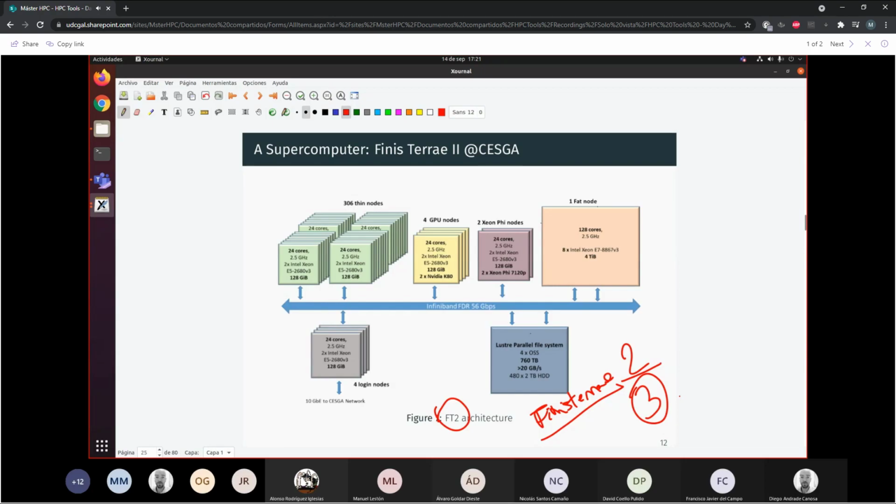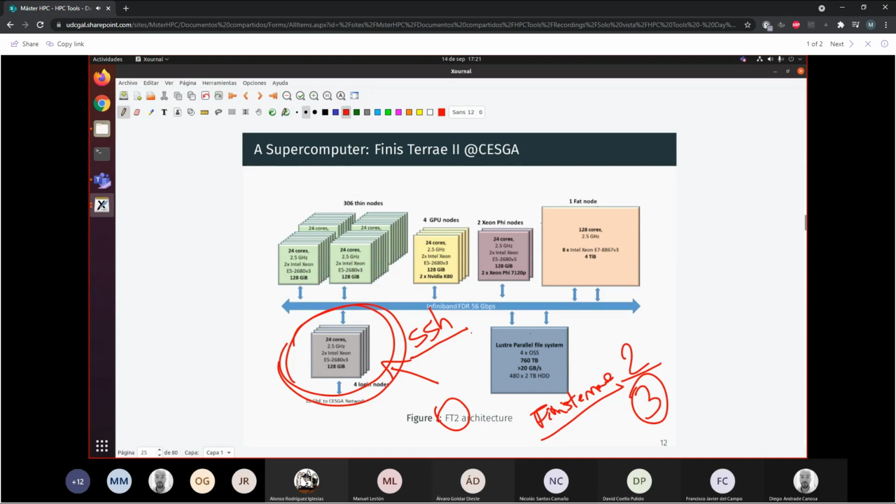This is something that you shouldn't do. Okay? If you do it, something is going to kick you out from the login nodes. These nodes are only to enter into this supercomputer and then send jobs or works through a queue to the real supercomputer.